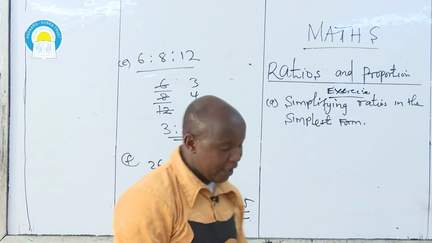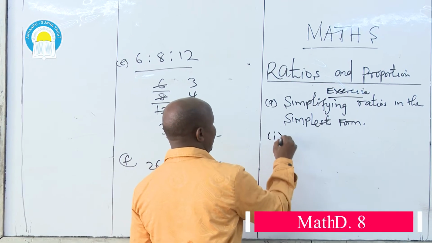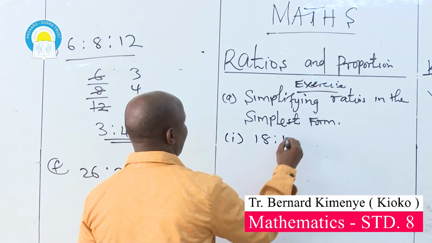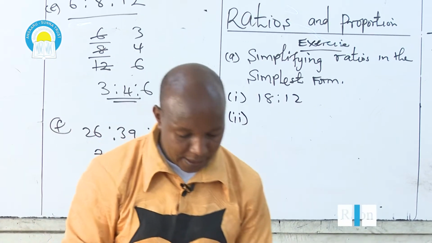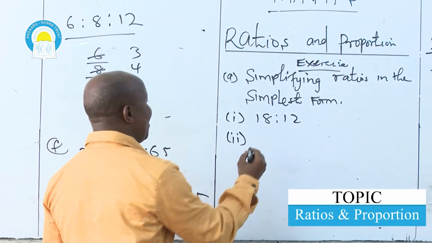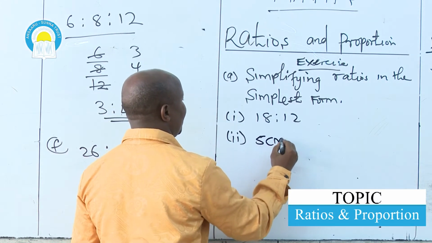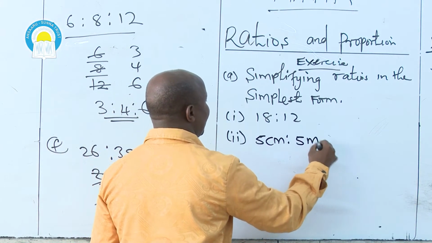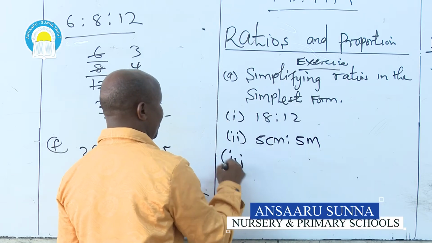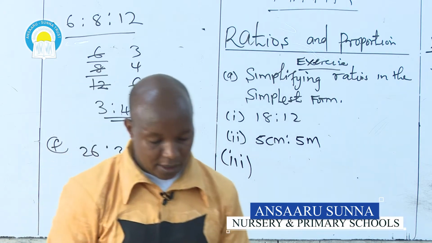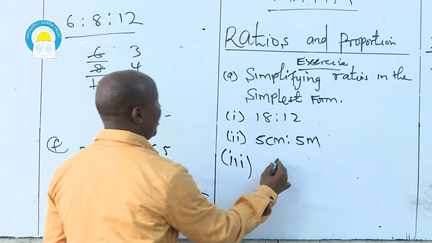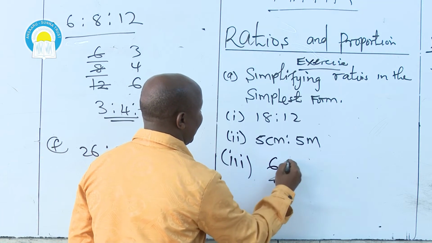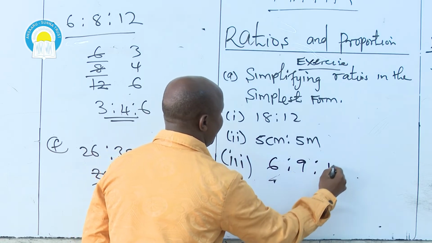Number 1, we have 18 is to 12. Part 2, I have 5 centimeters ratio 5 meters. Then part 3, I have now 3 parts: 6, ratio 9 and ratio 12.